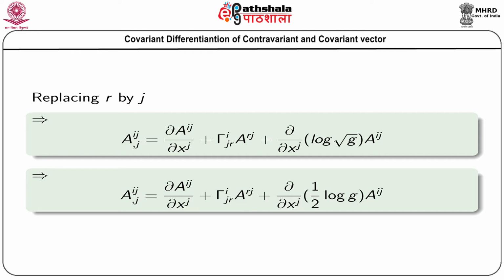That means, in the third term, log root g can be expressed as a half log g.